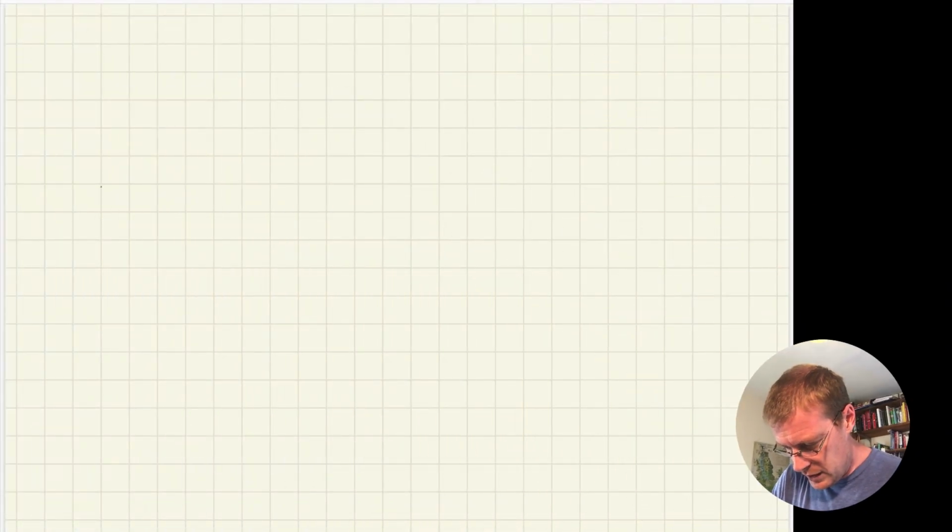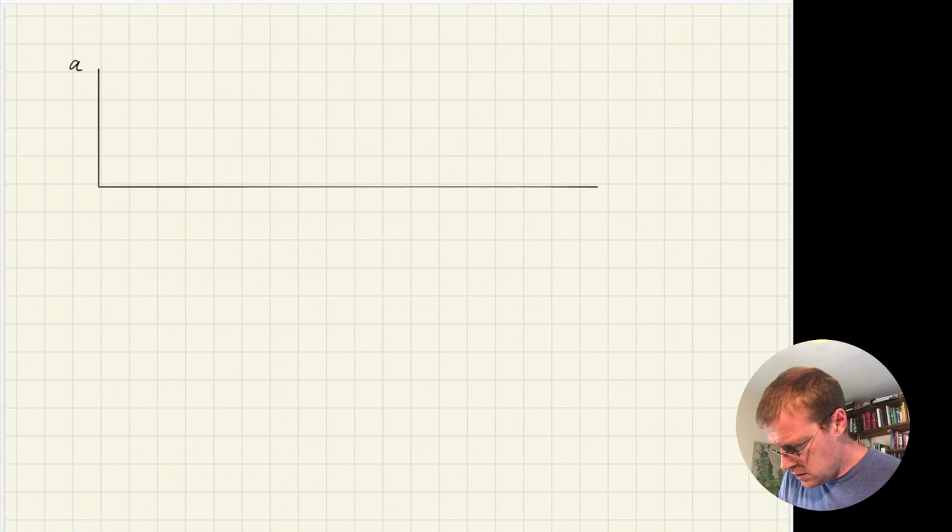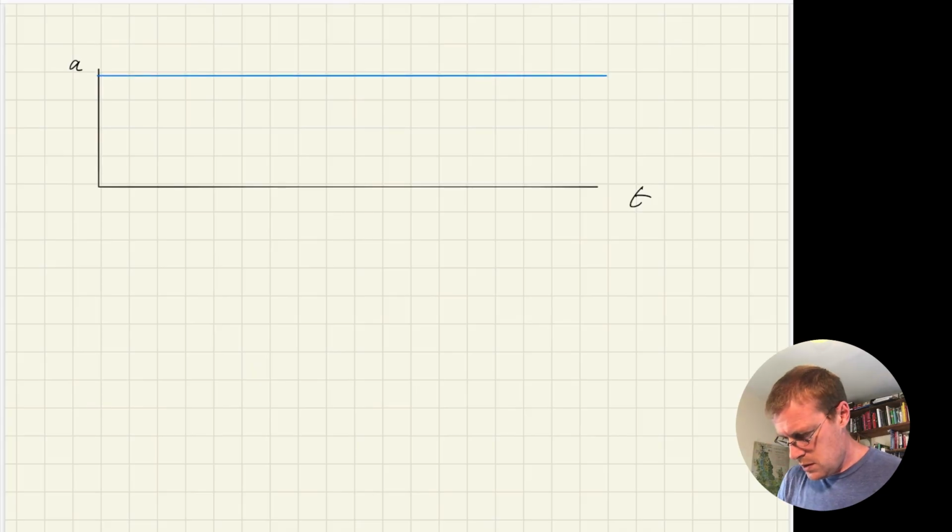If the acceleration is constant, then it's very easy to draw an acceleration versus time graph. It's going to look something like this, where I will call this time 0.